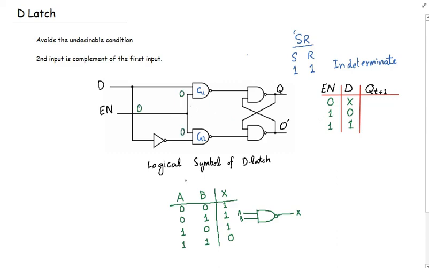Now if we see the truth table of the NAND gate, if one or both inputs of the NAND gate is 0, we always get a 1 as output. So now the output will always be 1 at this end.